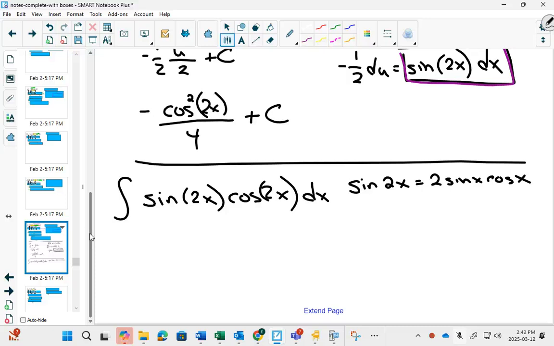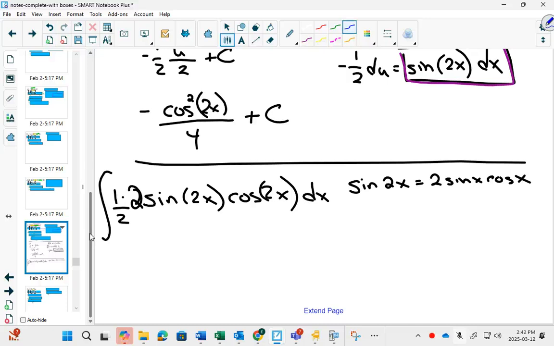A 2 out in front. Now it's good, but I'm not allowed to do that, am I? Well, what happens if I do that and I do this? Then I'm okay. Because if I put a 2 and a half, that's really like putting a 1. If you don't like them that far apart, put them really close to each other. Are you okay with that now?